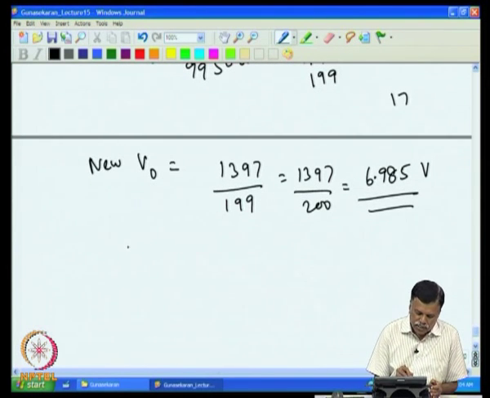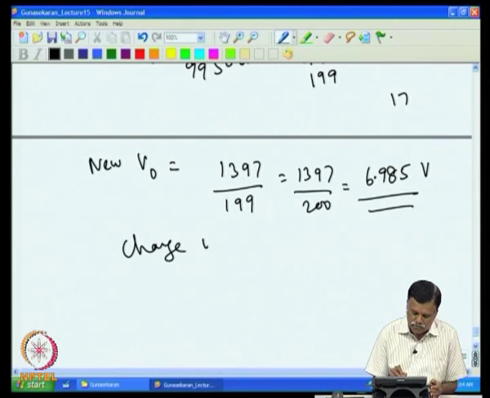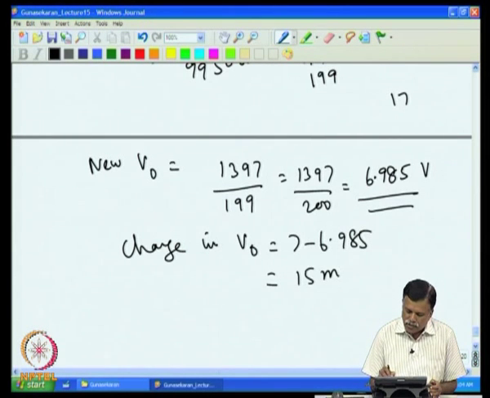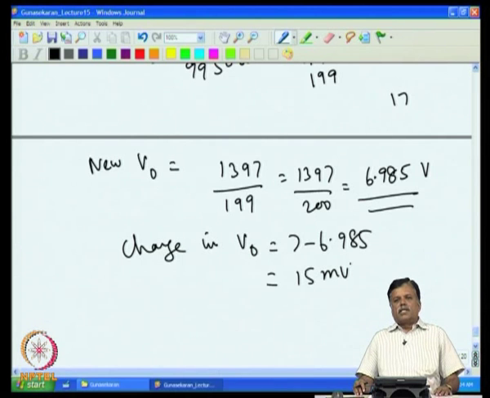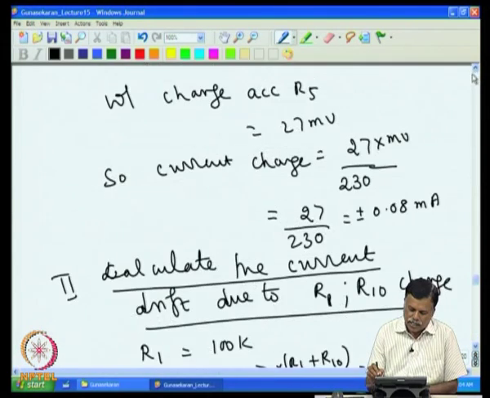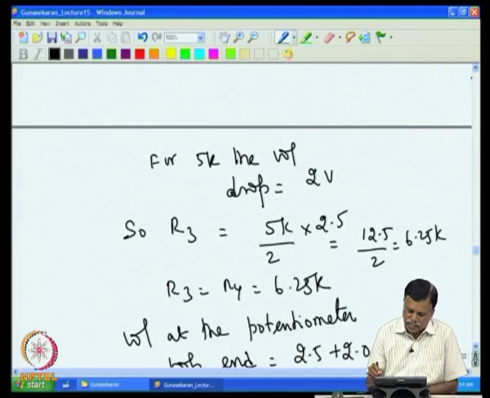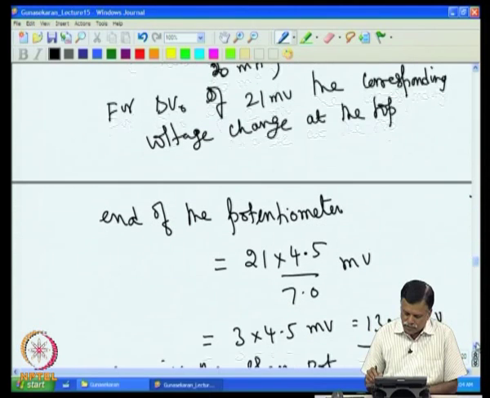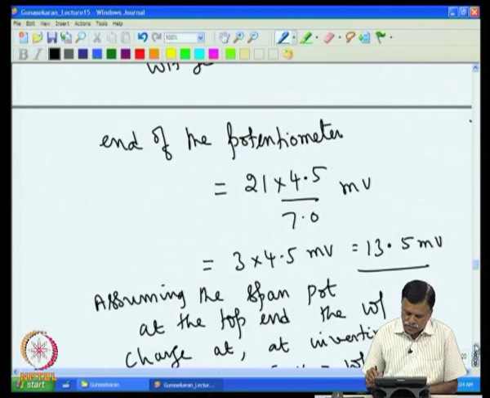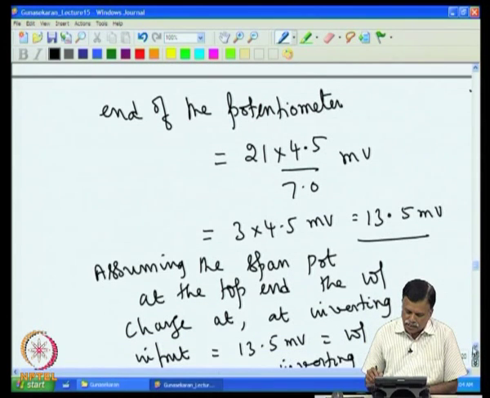So the change in output voltage, 7 minus 6.985, is equal to 15 millivolt. So you will get 15 millivolt change in the regulated voltage, and that 15 millivolt change again will produce an error in the current, that I am not calculating, because earlier we had done it for Zener drift of 13.5 millivolt. We have found the current drift.